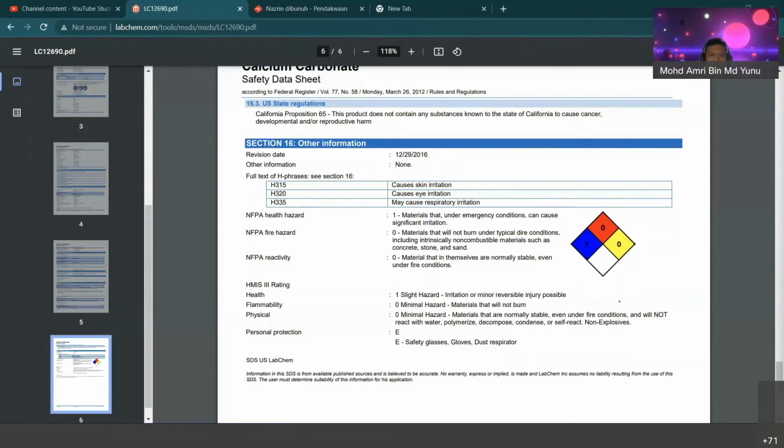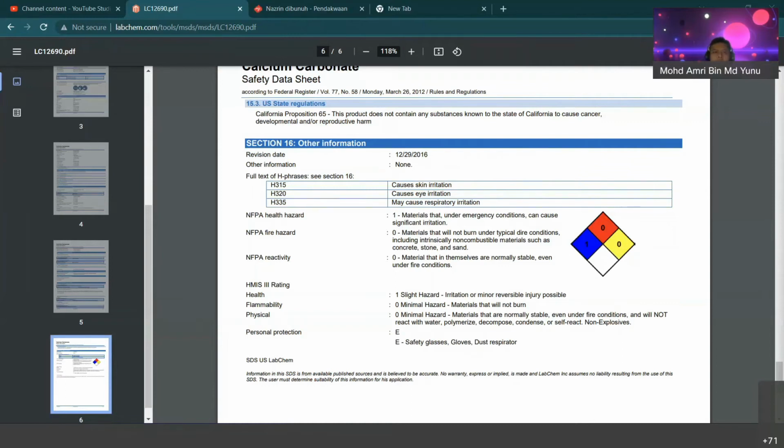Common sense: do not drink and eat in the lab, and always clean or wash the lab coat thoroughly after you use it.